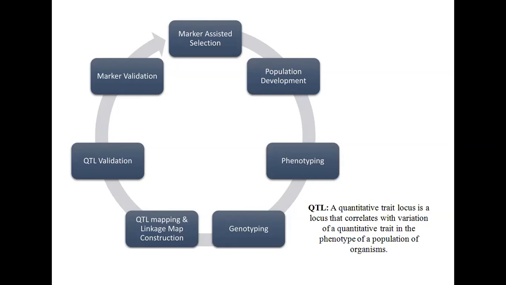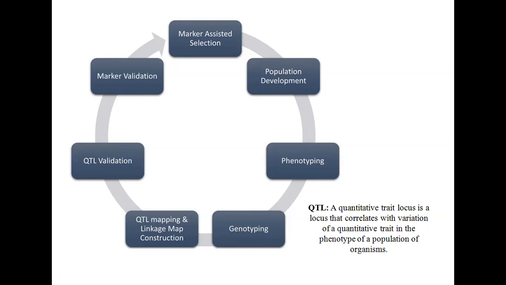QTL is the quantitative trait locus. It is a locus that correlates with variation of a quantitative trait in the phenotype of a population of organisms. Once your genotyping is done, you compare with a positive control and a negative control. You pick the high yielding variety, a normal average variety, and a low yielding variety. These are the three plants you are choosing.